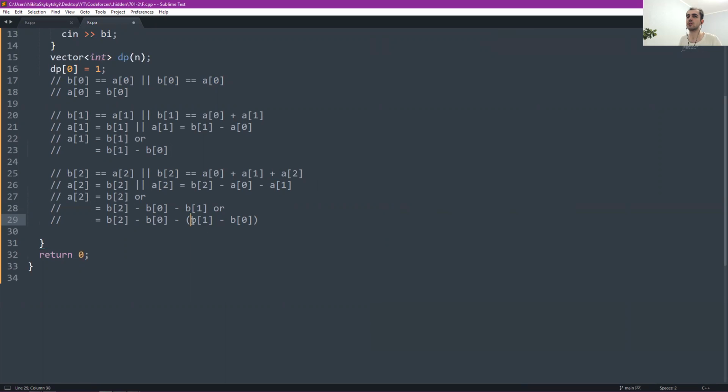And you can see what happens: B0 gets discarded from here.